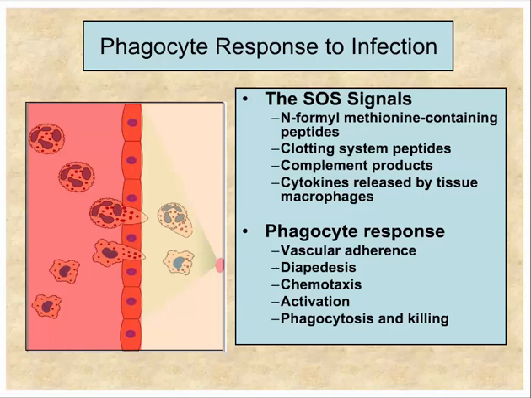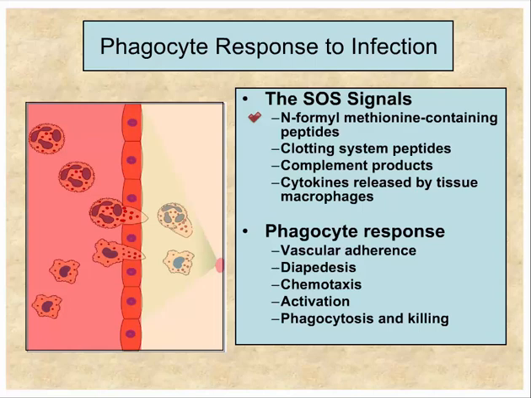And there's a number of different SOS signals. One of them is N-formyl methionine-containing peptides. They have receptors on their surface for N-formyl methionine-containing peptides. So what has that got to do with protection? Well, it turns out that all bacteria start all their proteins with N-formyl methionine. So when they make a protein, the first amino acid is N-formyl methionine.